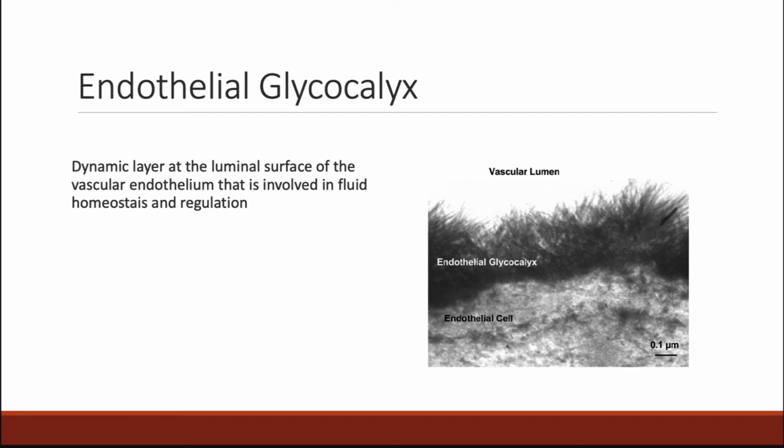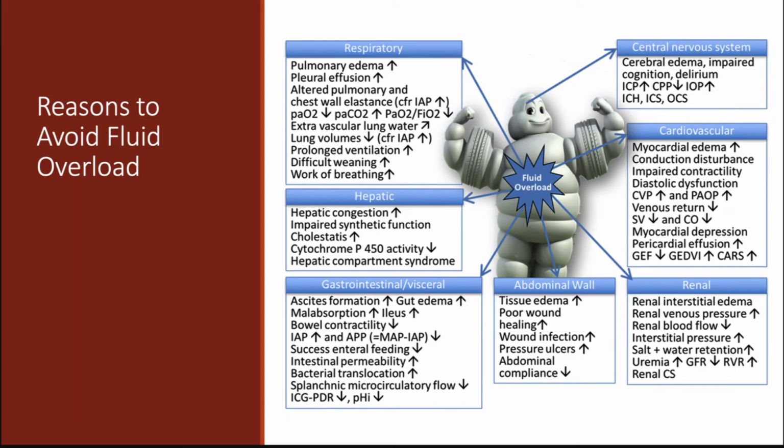It was only by accident that we discovered how truly important it is for vasomotion, for blood pressure control, for preventing heart attacks and strokes and things like that. So this is another reminder of how important that endothelial lining is. And it's the glycocalyx that is the interface involved in fluid homeostasis. Okay? These are more reasons to avoid fluid overload.